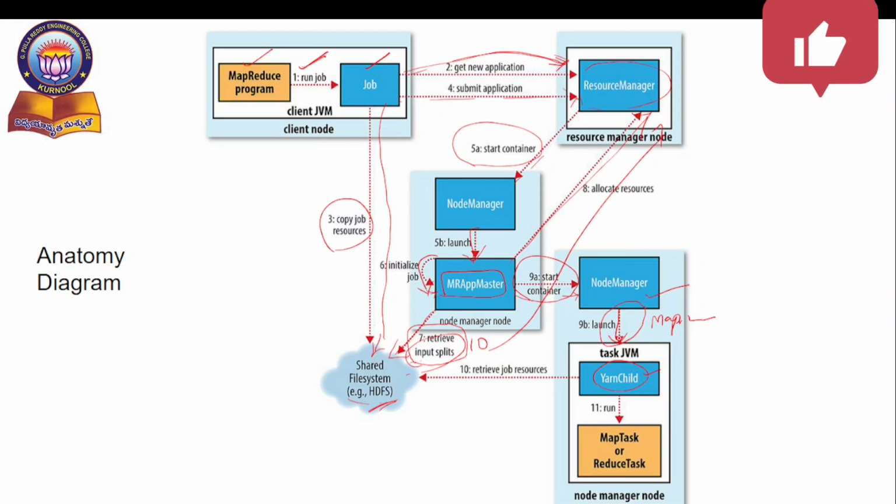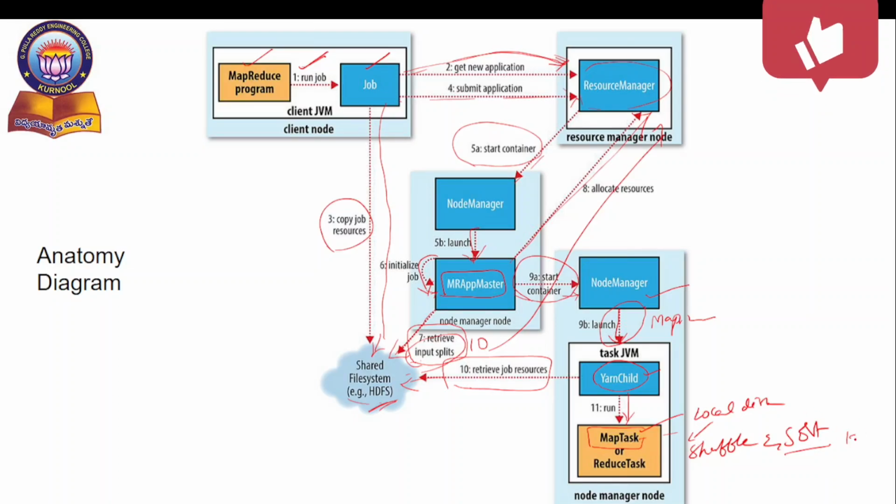Once it has been launched, it will retrieve the job resources again from HDFS and then perform the exact task. In this phase, we first go with map tasks, where it generates the intermediate key comma value pairs and stores them in the local disk. Once it has been done, the data will be passed to the shuffle and sort phase, and the shuffle and sort phase performs its operation and sorts the output that has been received from the mapper based on a key.